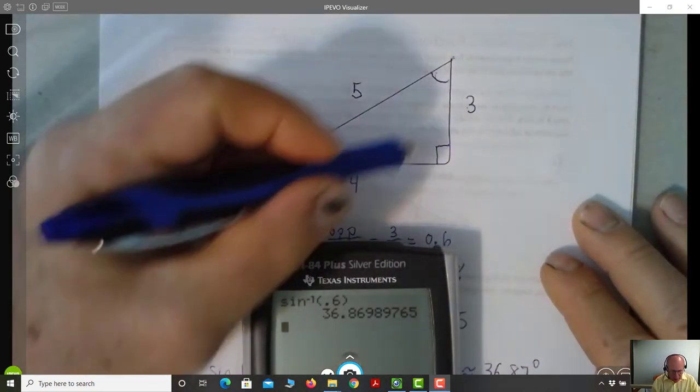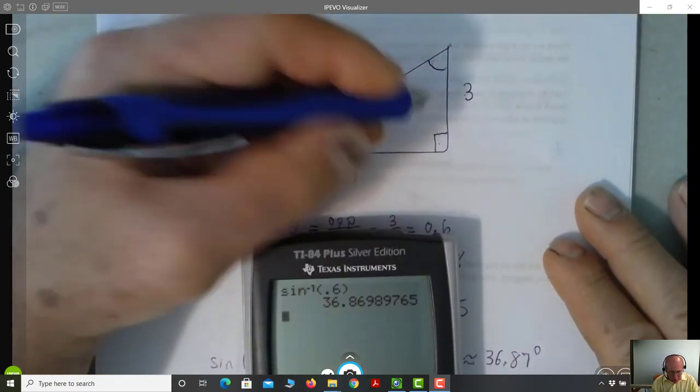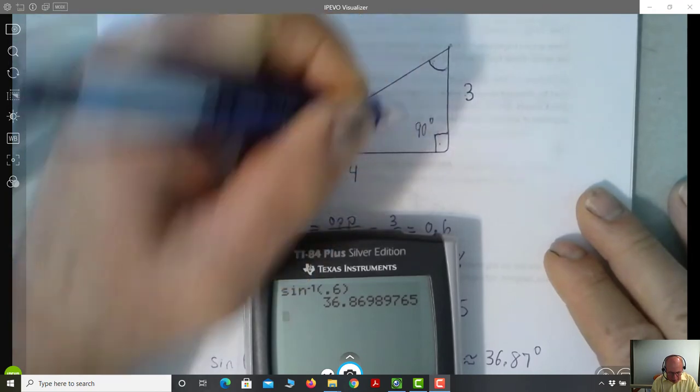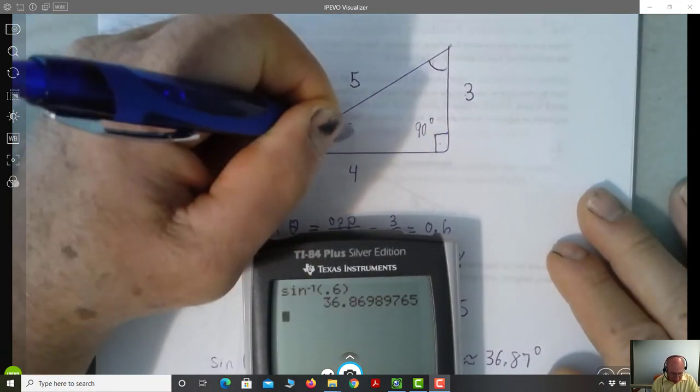The sum of the measures of the angles in a right triangle is 180 degrees. We know that this one is 90 degrees, that's the right angle. We know that this one is approximately 36.87.